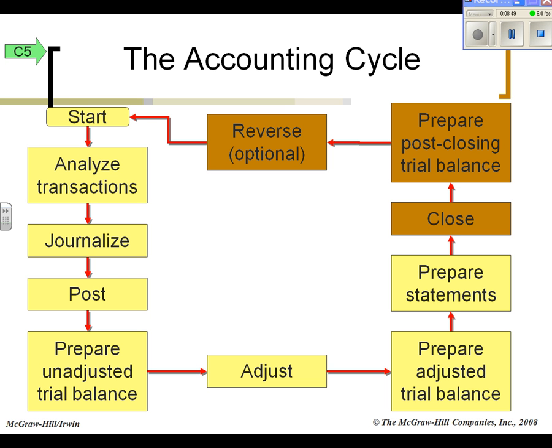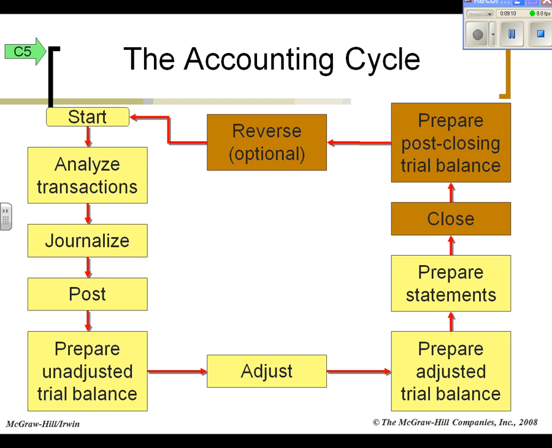Then we'll make our adjusting entries. Then we prepare an adjusted trial balance. And from that, remember, not from your general ledger, but from the adjusted trial balance, we will prepare the financial statements, our balance sheet, our income statement, our statement of owner's equity.